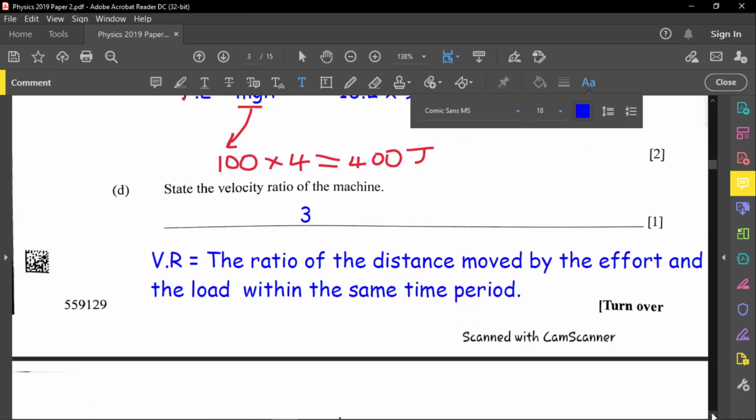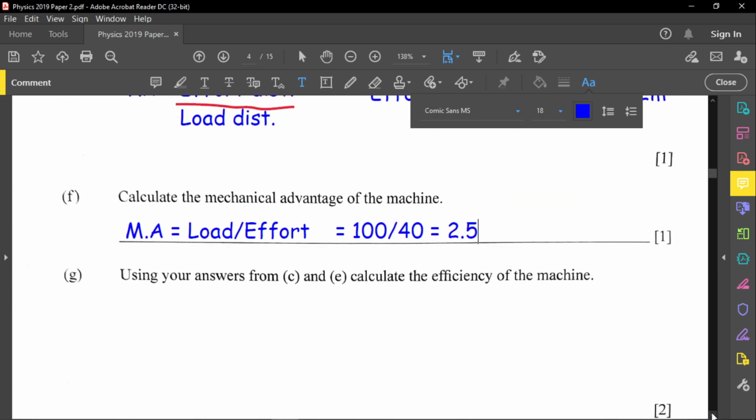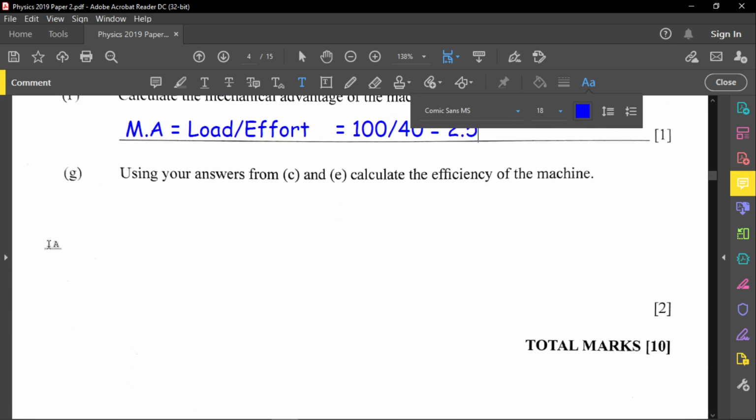I'm going to give you 2 formulas to find efficiency of the machine where this is concerned. Efficiency is equal to the mechanical advantage, I'm going to put MA, please remember what that is, divided by the velocity ratio.